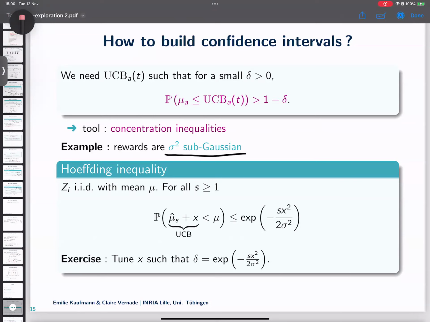In general, for these nicely behaved random variables, we can always say through Hoeffding's inequality that if you have S samples from a distribution, this is the empirical average for S samples, the probability that this mean plus some bonus is smaller than the true value mu decreases exponentially.